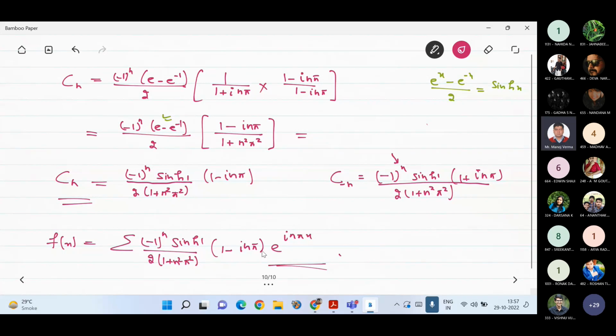So if in this expression I start inserting the values of n as 1, 2, 3, 4, 5, it will generate the series expansion of your function e raised to the power minus x, right? It will generate the complex form of your Fourier series expansion of the function e raised to the power minus x.